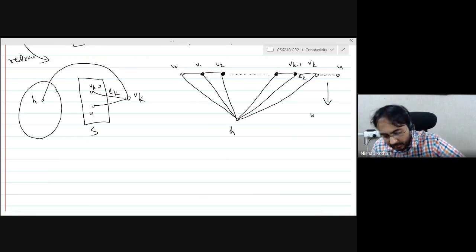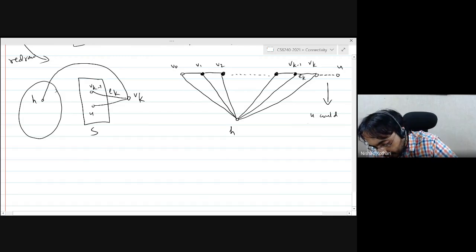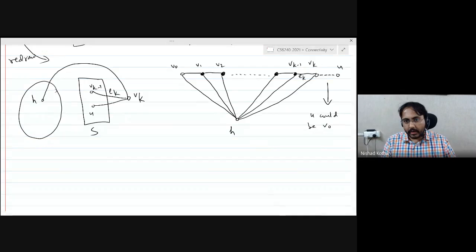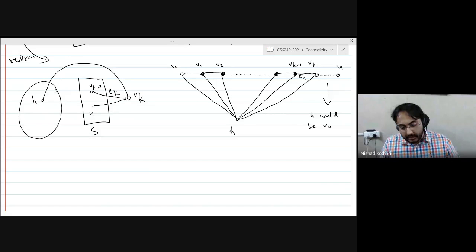So U is not any of those vertices. U can also not be the same as H because our graph is simple. So the only possibility is U could be V0. Okay? So that is a possibility we need to consider. And the other possibility is that U is not in this drawing. It's a brand new vertex, which is not in our subgraph J. Right? J is our partial K wheel.